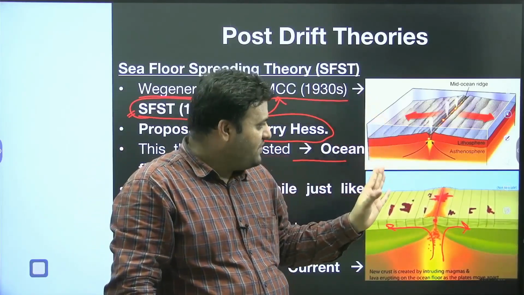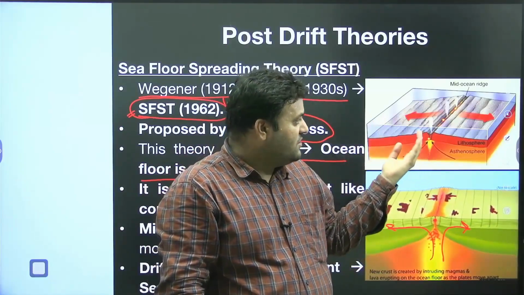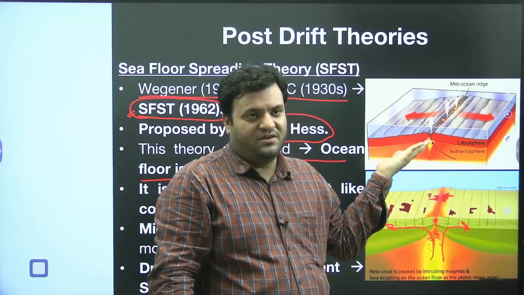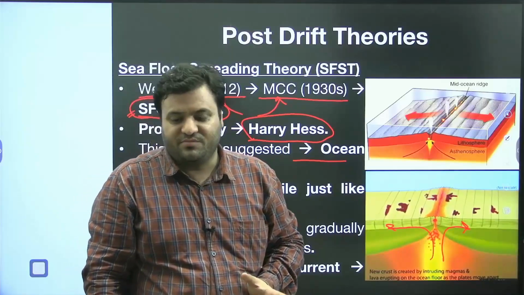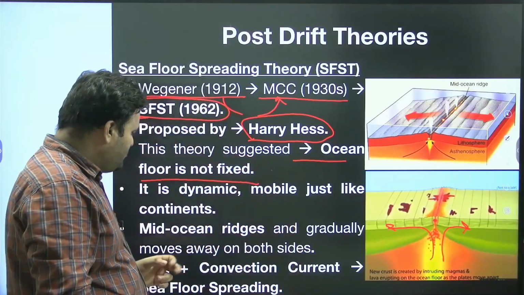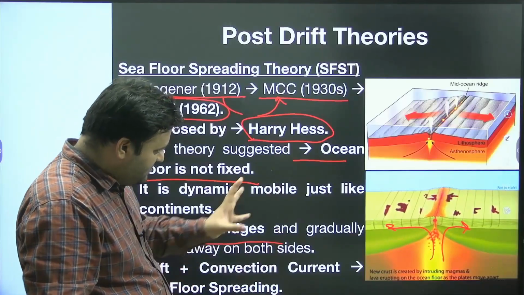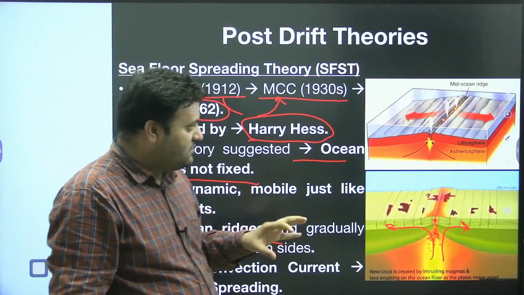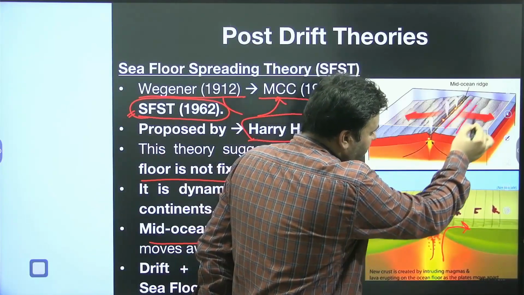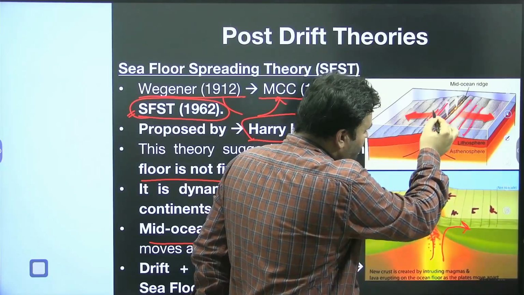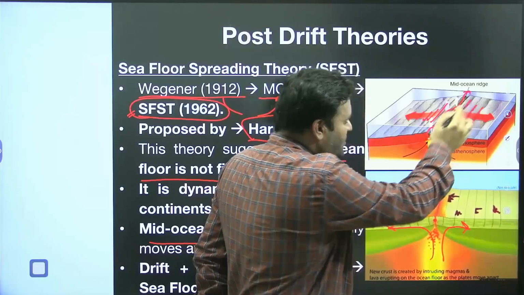This kind of arrangement is well observed at the mid-oceanic Atlantic. From these mid-oceanic ridges, it has been concluded that the rock bands are equidistant from one particular central ridge.